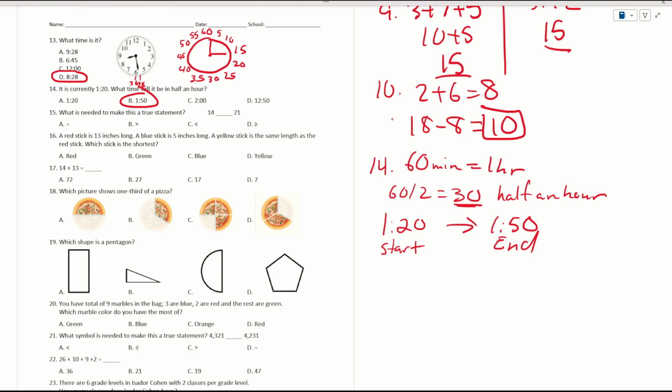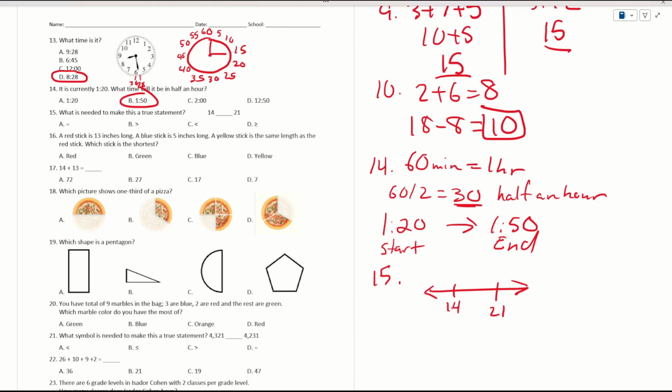For question 15, what is needed to make this a true statement? 14 is equal to 21, greater than, less than, or greater than or equal to. Well, one thing to do for first graders is to use a number line, okay? Oh, sorry, apologize, this is 14, not 15.